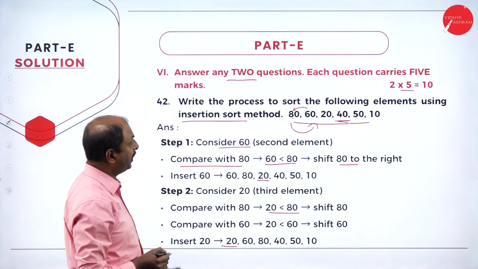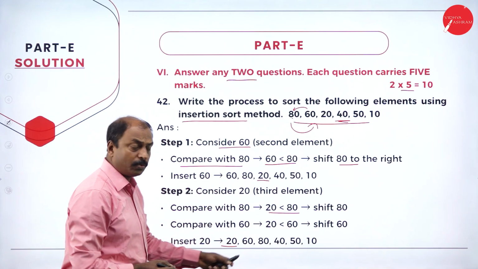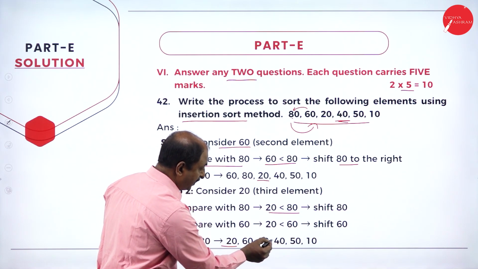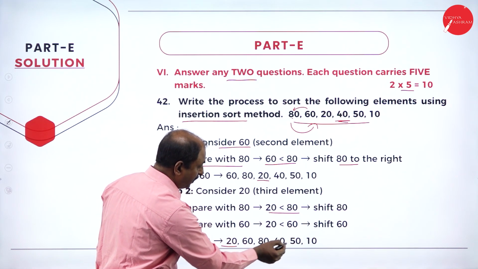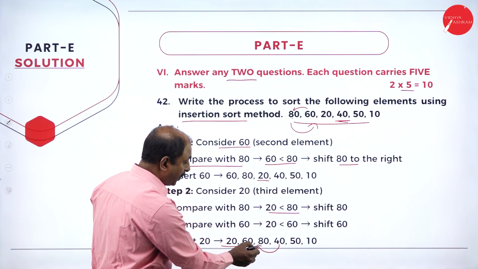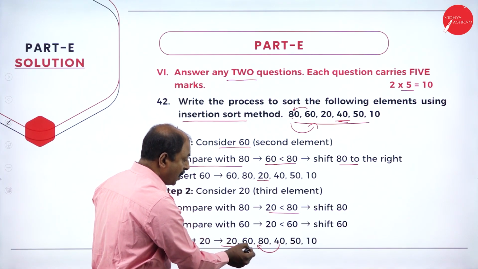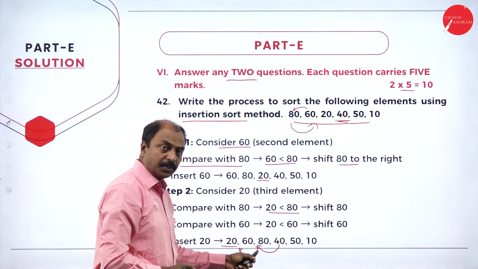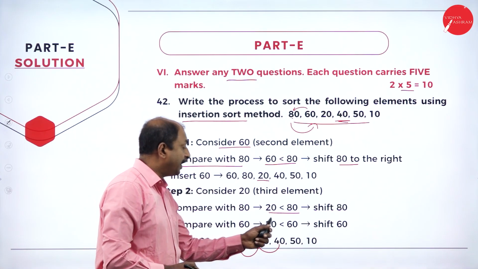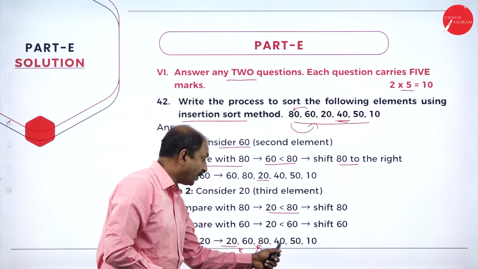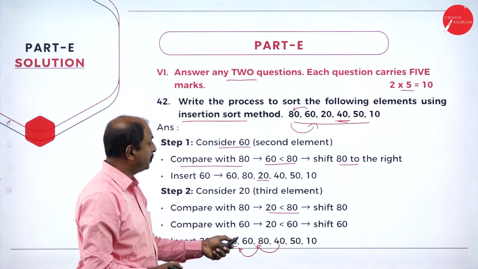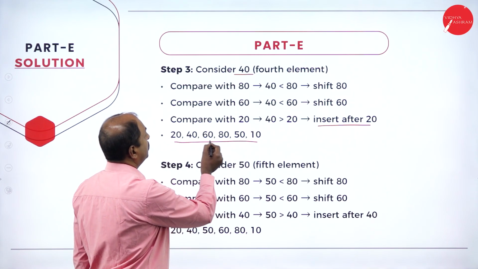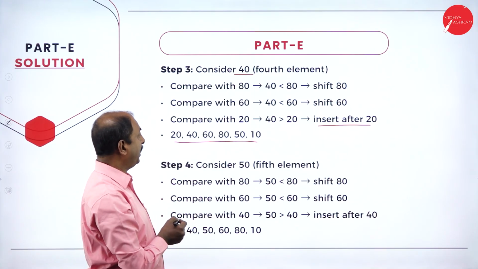We are moving 80 this side, and 40 is again less than 60, so it comes to this position. We are inserting 40 at this position because 20 is less than 40. Accordingly, at the end of iteration 3, this would be the status of the given list.